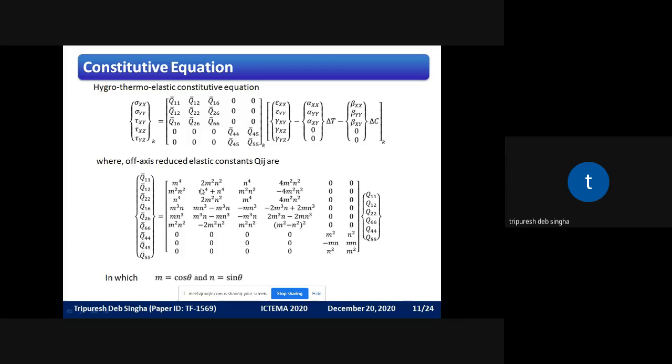And the off-axis reduced elastic constants Q bar ij are calculated using this formula in a matrix form, where M is equal to cos theta and N equal to sin theta. Theta is the orientation of the fiber.